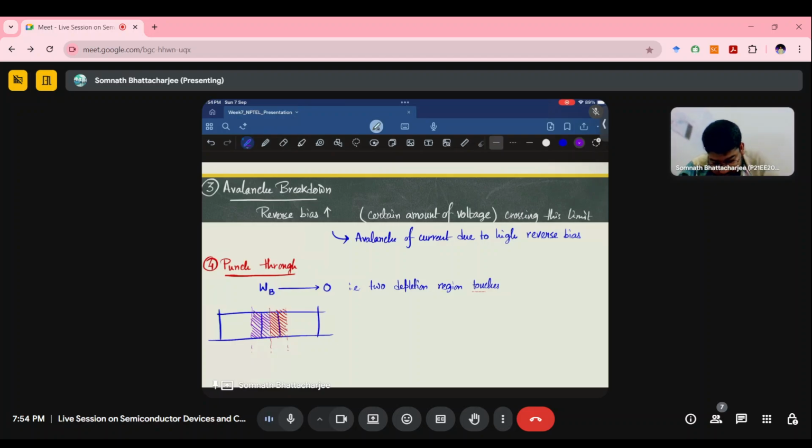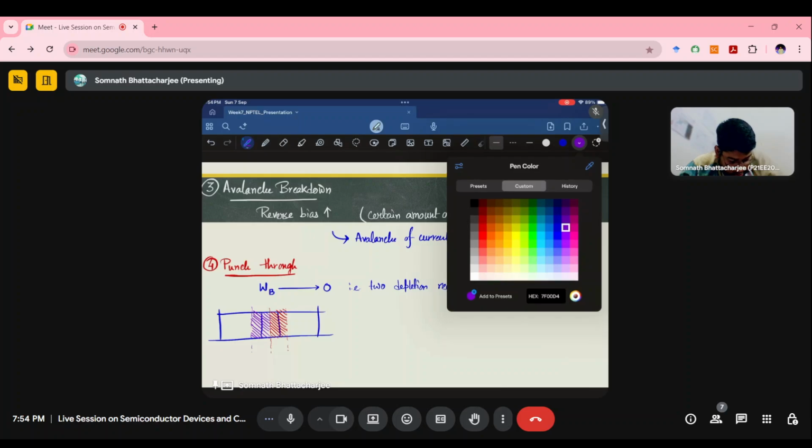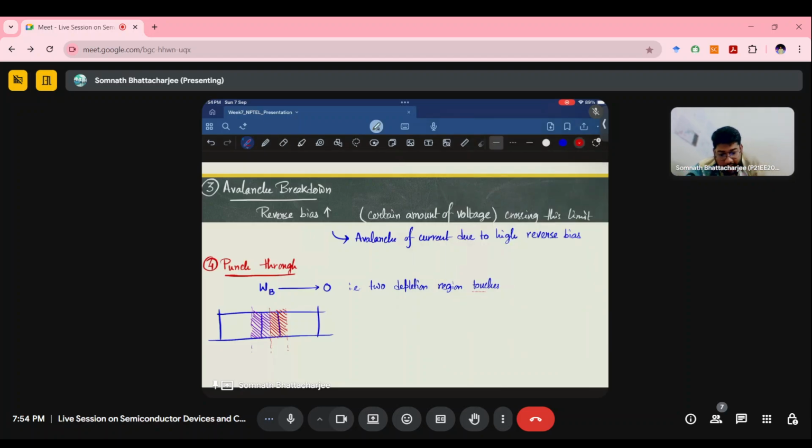So these two depletion regions touch each other, and based on that the effective width, that is WB, is nearly zero. And in that case, when the two depletion regions touch, that is known as the punch through. So the voltage that is needed for this case is called the punch through voltage.